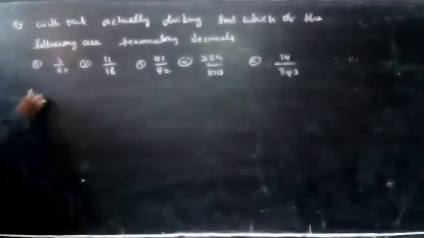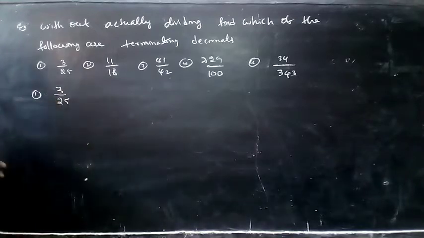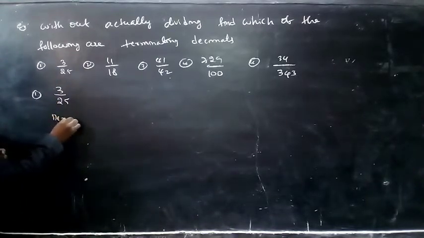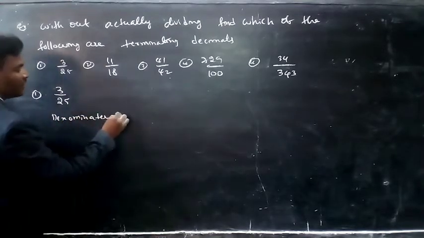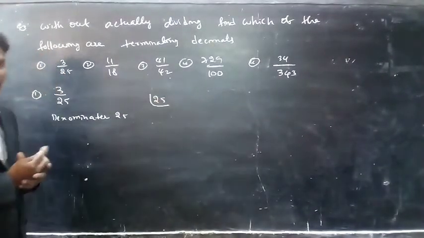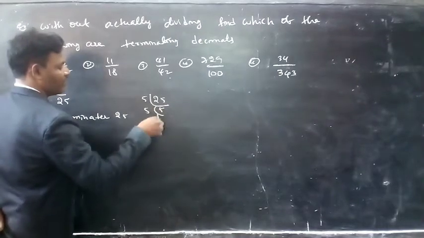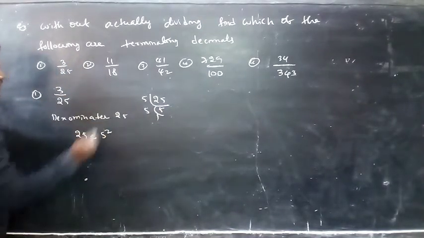Here I am taking the first question. What is 3 by 25? To say directly, first you have to take the denominator. Here what is the denominator? 25. So divide the denominator as prime factors. 5 5s are 25, 5 1s are 5. So 25 we can write as 5 power 2.